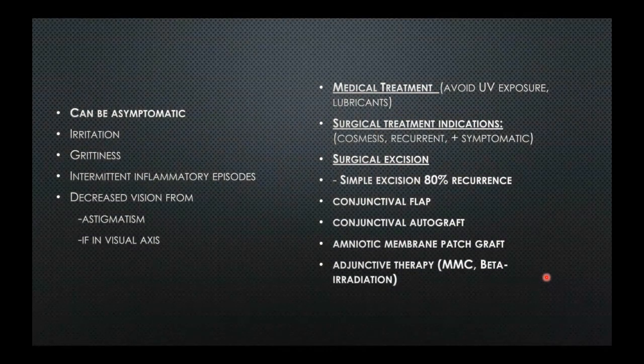Okay, so how do you manage a pterygium? So when you talk about management of anything, you always have to go into prophylactic, medical, and surgical. Okay, so don't just jump into surgical treatment. You have to say that you can manage the patient prophylactically by trying to avoid UV exposure. You want to tell the patient to wear UV sunglasses.